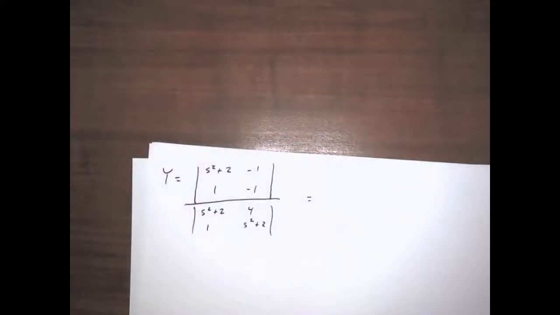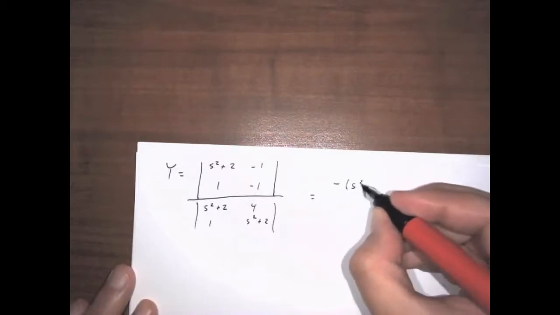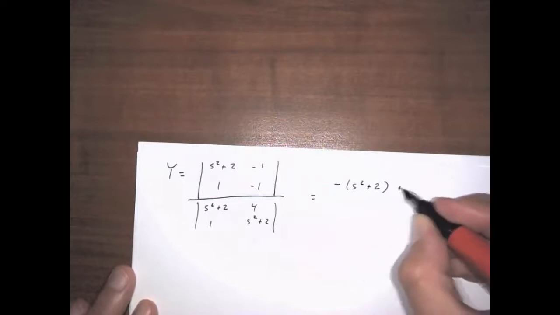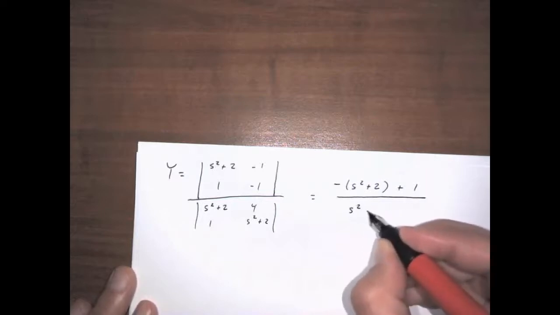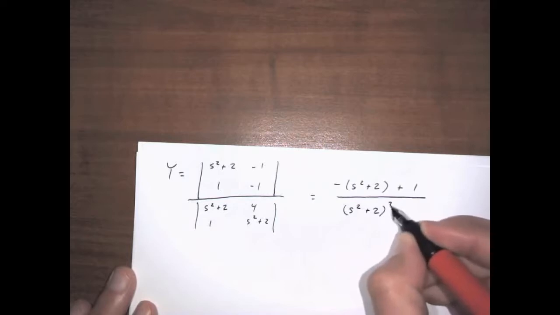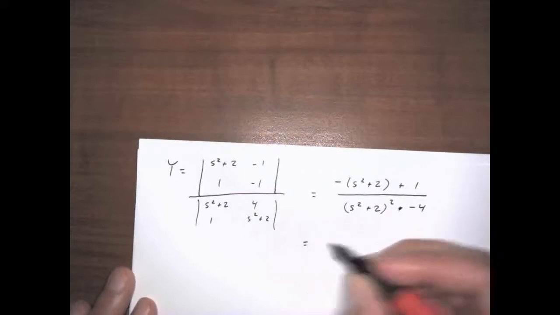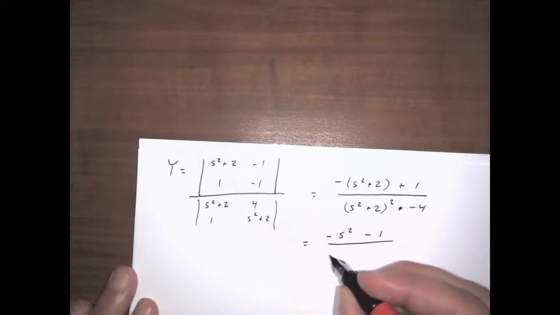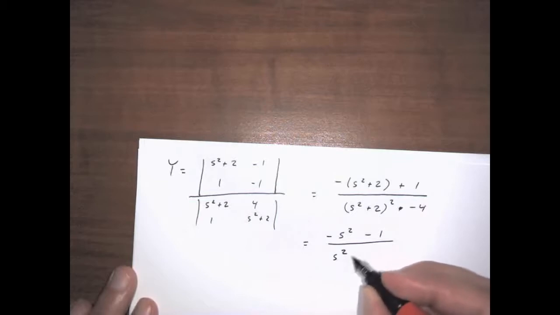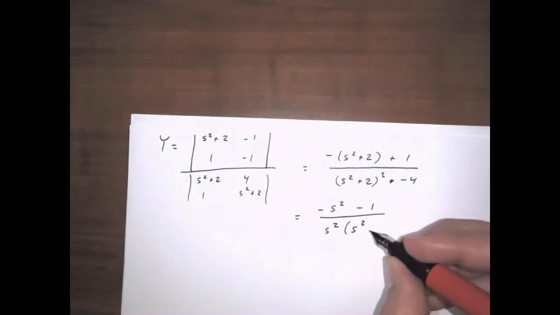So then that's going to give us negative s squared plus 2 plus 1 divided by s squared plus 2 squared minus 4, which is very similar to what we had before, but now minus s squared minus 1 over s squared times s squared plus 4.